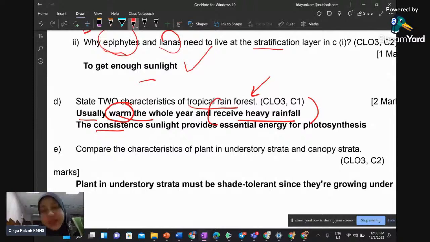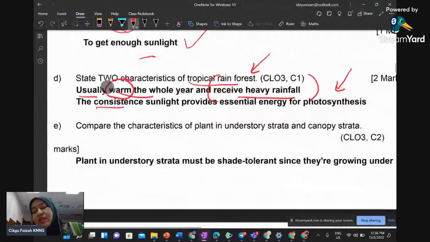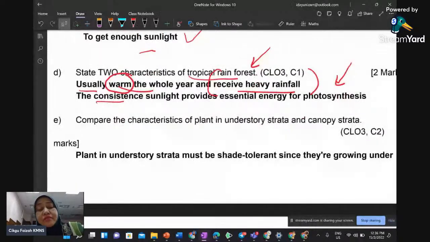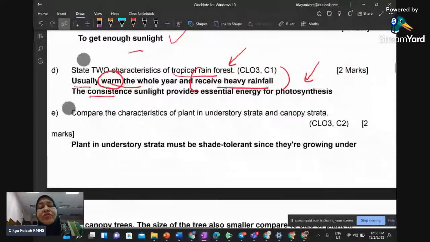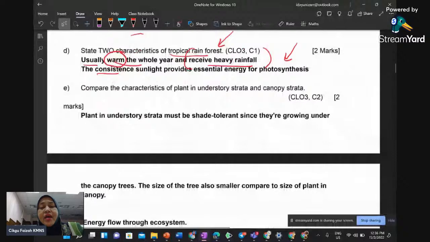So this is why hutan hujan tropika kita sangat padat. Right? Kita sama dengan Amazon. Kalau cikgu sebut Amazon, I think you all can imagine how the Amazon forest looks like. Cuma Amazon tu dekat Amerika Selatan sana lah.